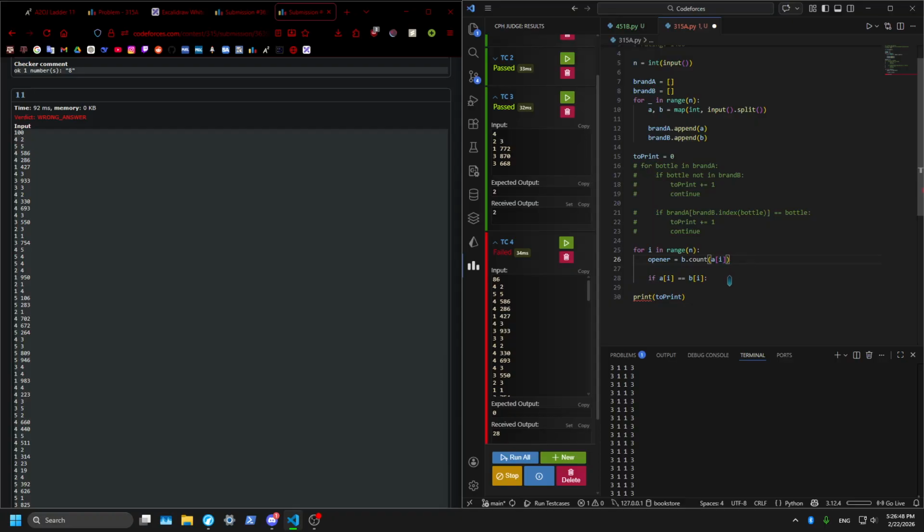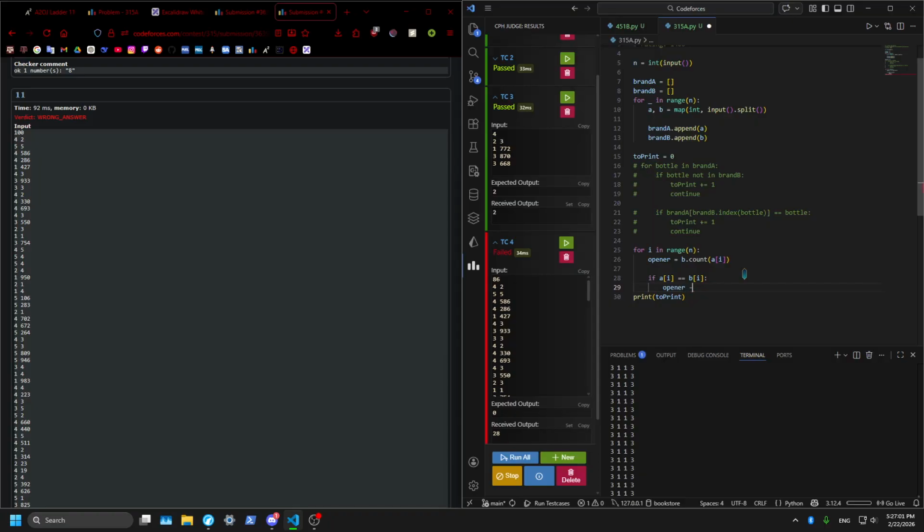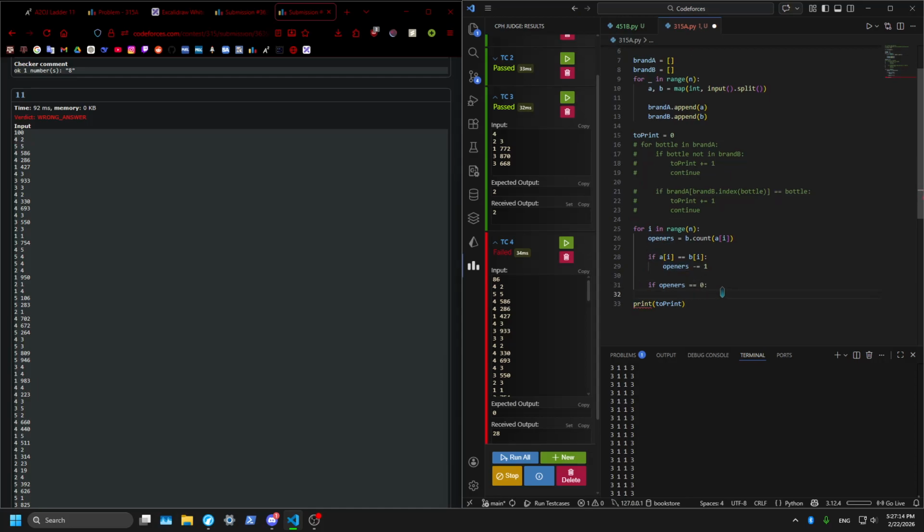And then we need to subtract: if this, openers minus equals 1, and then if openers equals 0, then the answer plus equals 1.